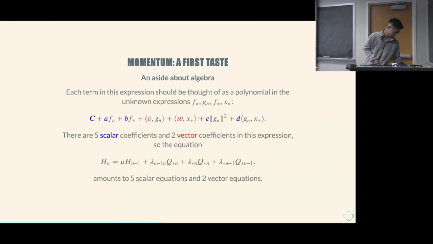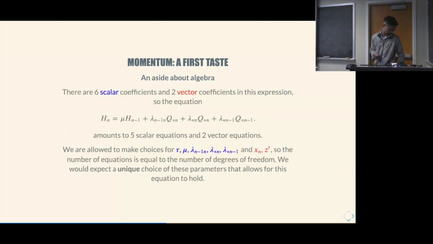And there's a sort of miracle that happens here, which is if you count parameters. There are 5 of these quantities which turn out to be scalar numbers that you need to be equal on the two sides of this equation. You also get 2 quantities which are vectors, which you also need to be equal on the two sides of this equation. And it turns out that you get exactly the same number of free parameters once you've chosen this inductive setup.